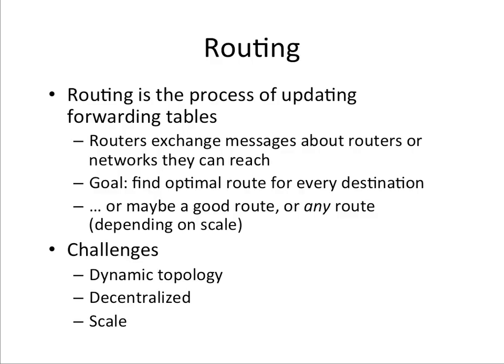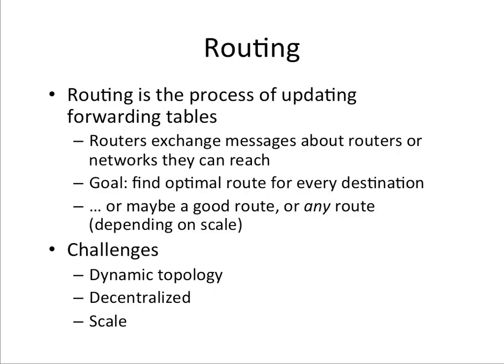Can't do that. It's decentralized. And finally, scale. We need a routing system that scales to a large number of nodes, because in the internet, we have billions of nodes now, because each cell phone is a node in the internet, right?